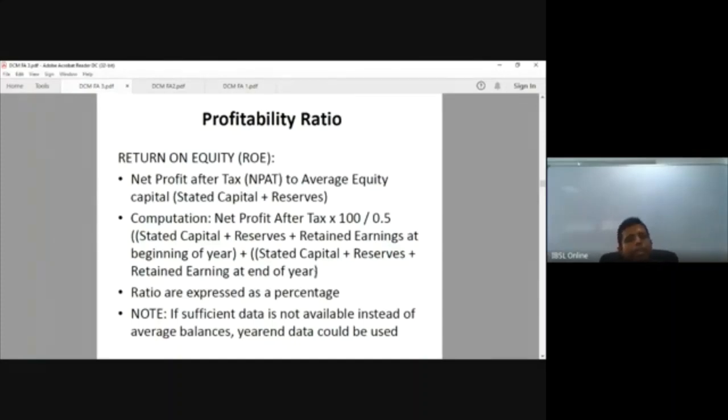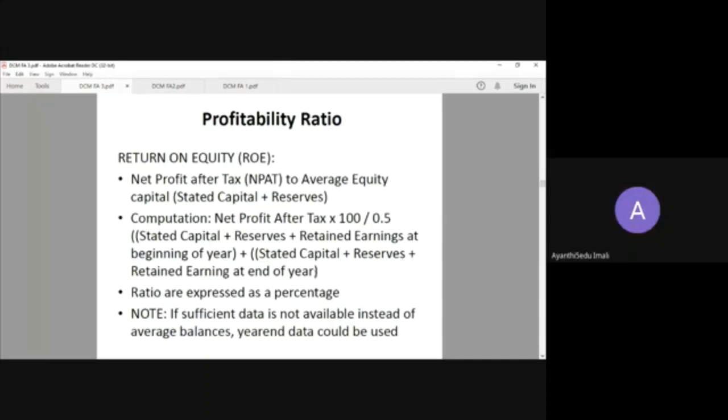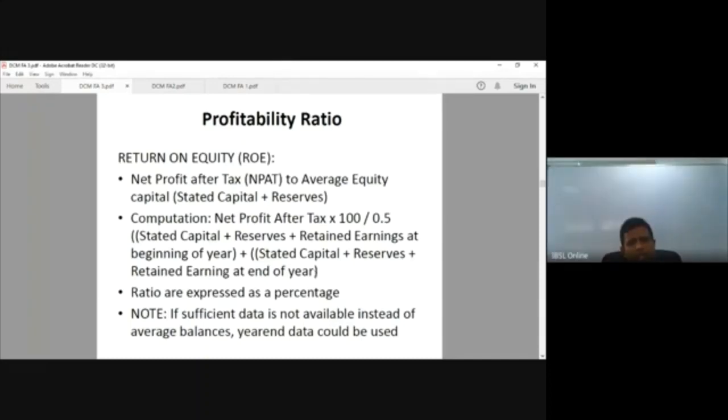Then return on equity. If you take the return on equity, that is return to our shareholders. Here the return means shareholders are entitled only to net profit after tax. After everything, what remains is the entitlement of the shareholders.